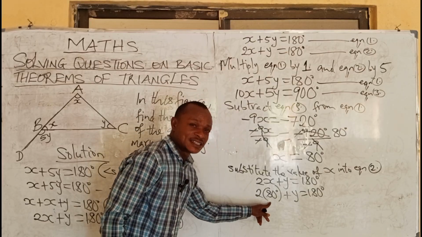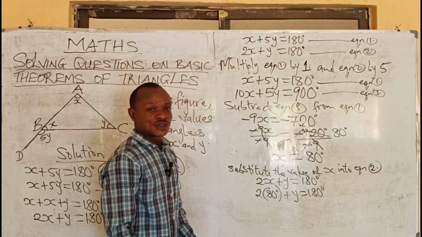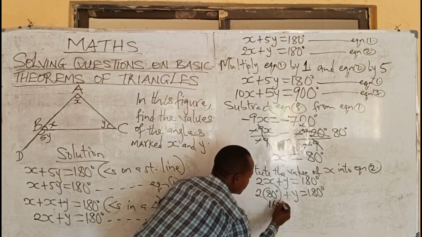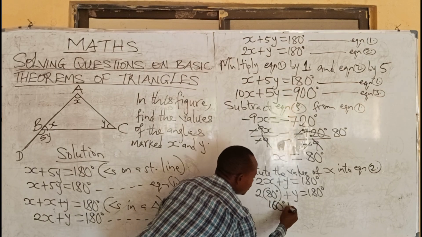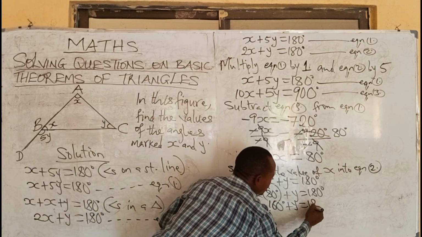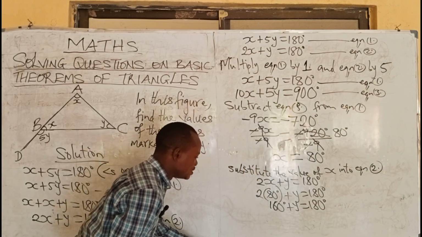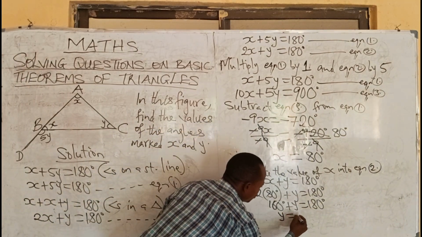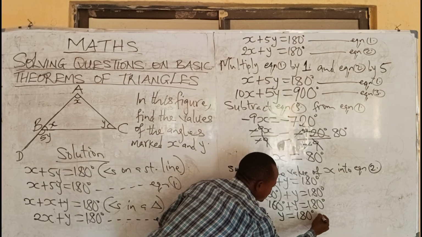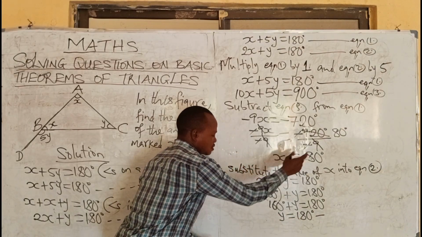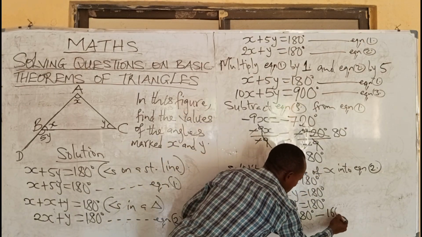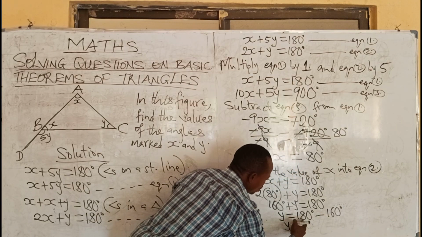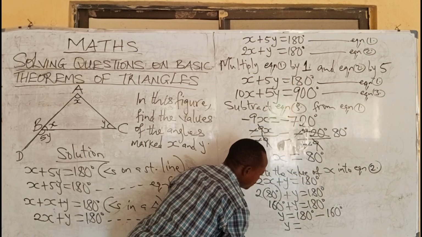This means 2 times 80, which will give us 160 degrees, plus y equal to 180 degrees. The next thing is to collect like terms. That means your y will be equal to 180 degrees minus 160 degrees. 180 minus 160 will give us 20.